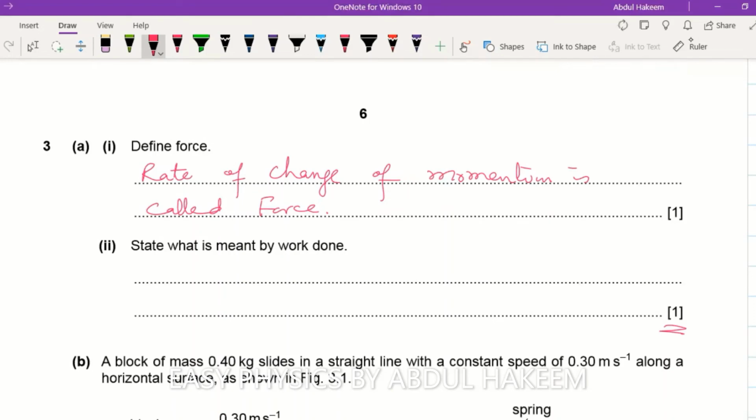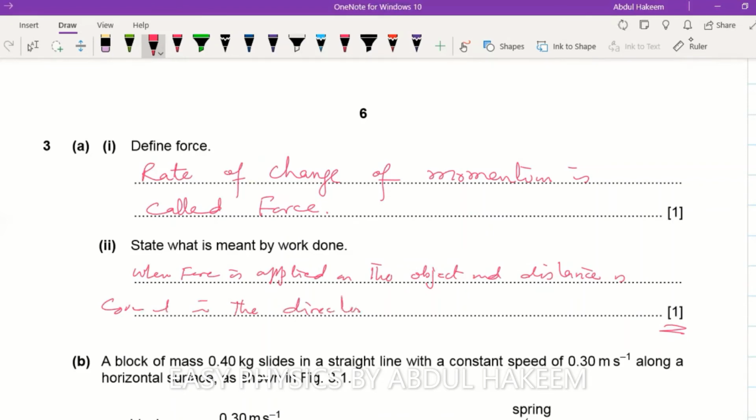So either write: when force is applied on the object and distance is covered in the direction of force, then work is said to be done.